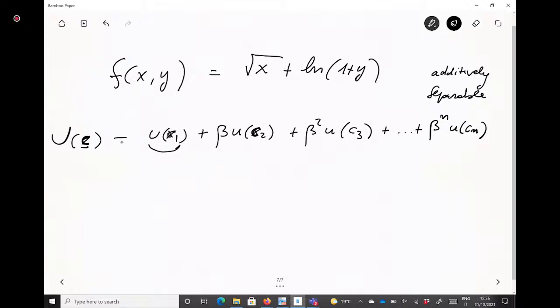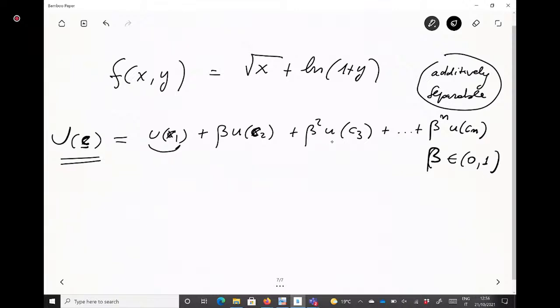The utility of this consumption plan is the sum. In many models, it is additively separable. So it is the sum of the utilities of consumption in each period, but future utilities are discounted, so they are reduced in their value, because beta is a coefficient between 0 and 1. It is a discount factor, okay?